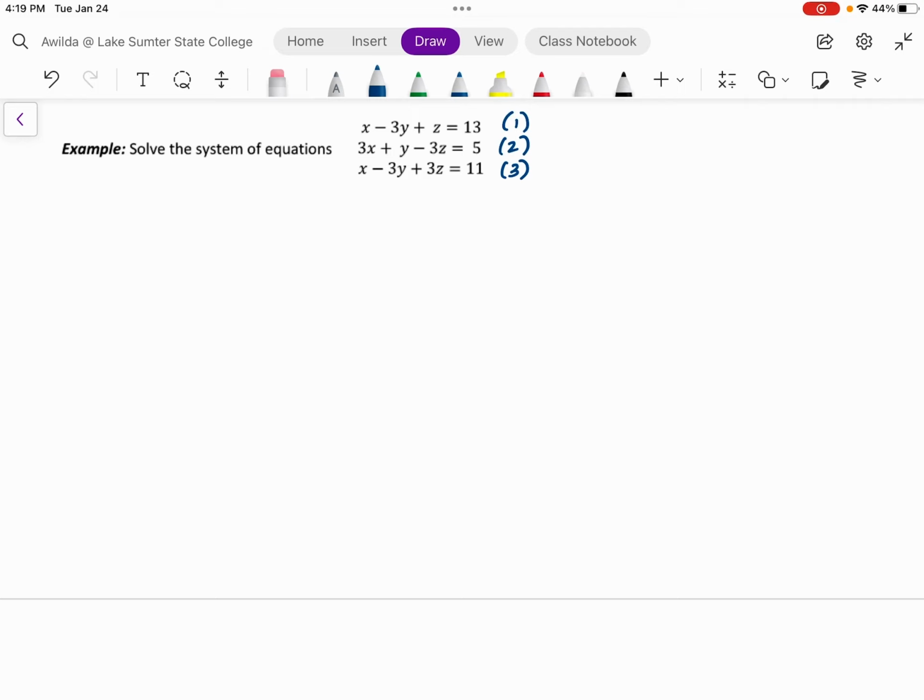First, you're going to choose which of the three variables you would like to eliminate first. For ease, I'm going to try to eliminate the x variable first. So to eliminate x, I'm going to combine the first two equations as follows. I'm going to multiply the first equation by -3.